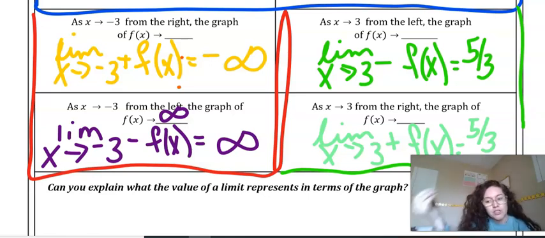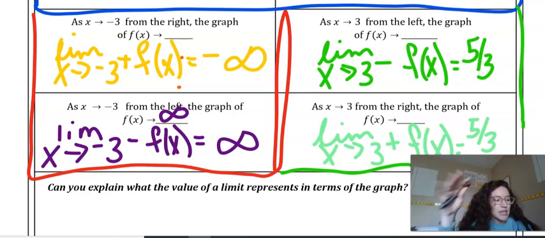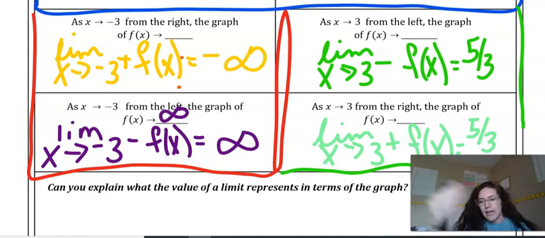When I approached the -3, I had answers each time from the left and from the right, but notice they're different. When I approached +3 from the left and right, they approach the same thing. Okay, so we want to say if it's approaching the same thing from both sides, then without a left or a right, the limit would exist.